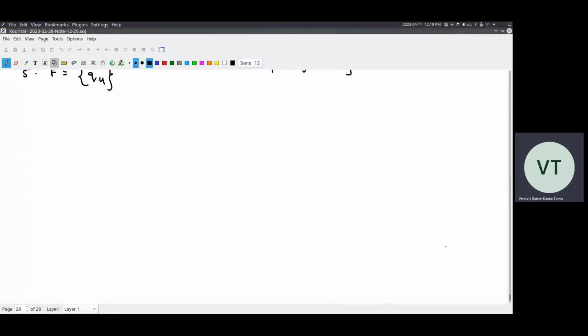If you have a string omega which has say n characters, omega 1, 2 and so on up to omega n, then the machine will pass through n plus 1 states like r0, r1 and so on up to rn. These n plus 1 states need not be exclusively present separately in the machine.